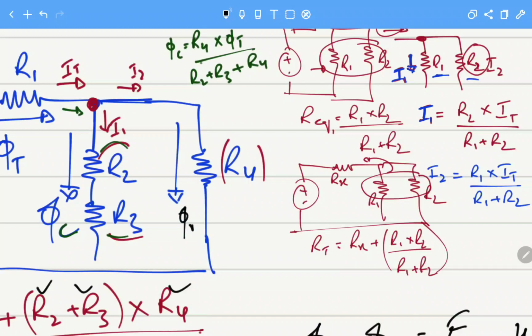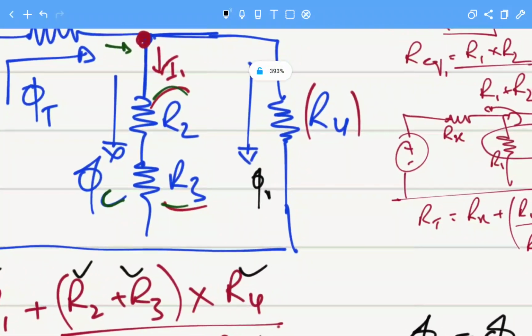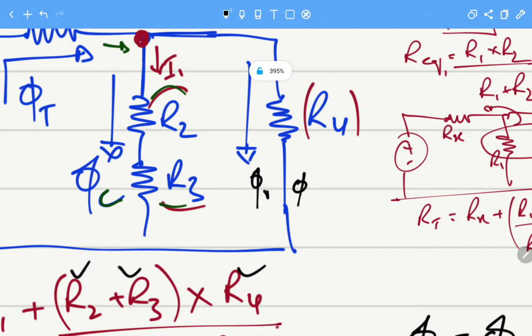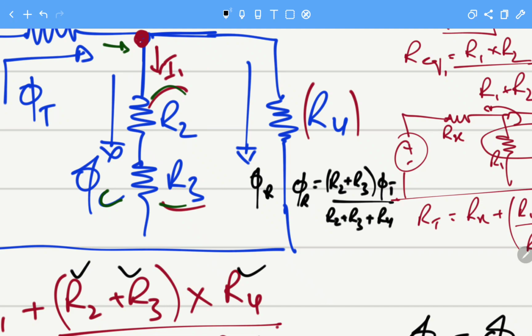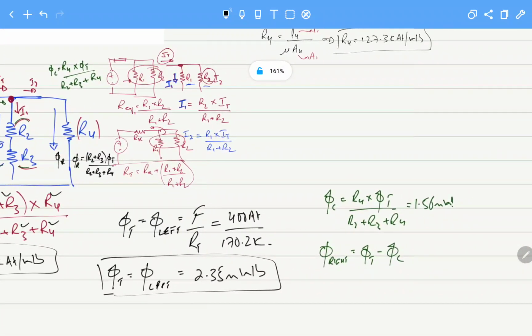So let's make some space. Flux right equals the impedance on the parallel branch, that is R2 plus R3, into flux of T, total flux, divided by the sum of both the reluctances.